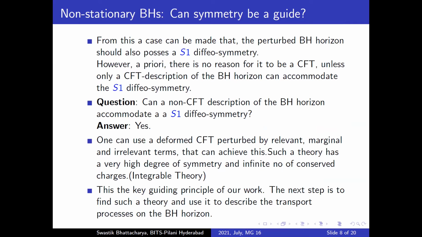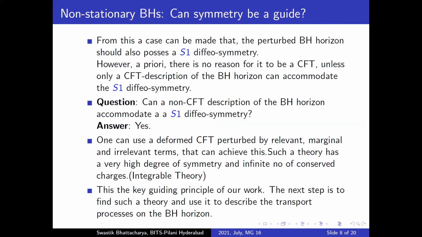In fact, we know that a non-CFT description of a black hole horizon can also accommodate an S1 diffeo symmetry. So these types of theories can most simply be found by deforming the CFT, by perturbing it with relevant, marginal, or irrelevant terms. And such a theory also has a very high degree of symmetry. In fact, it has a Virasoro algebra.